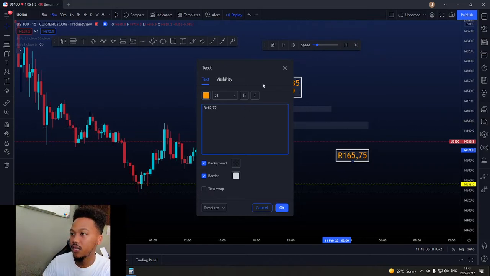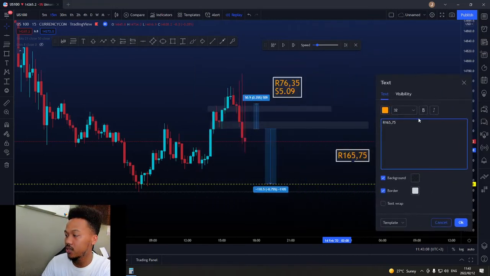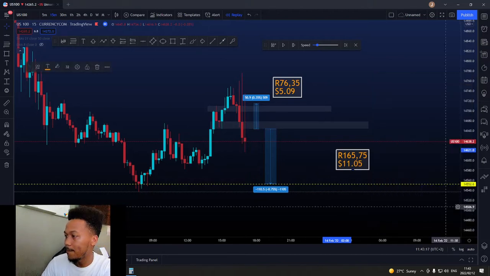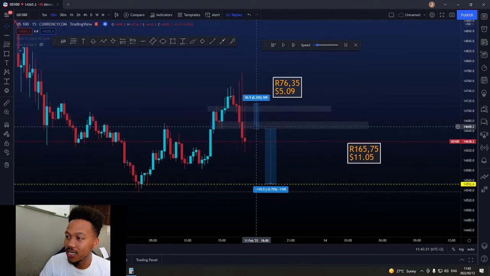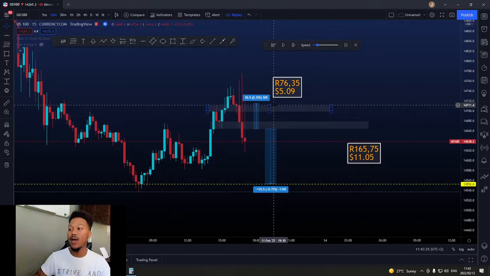So let's accommodate for the actual dollar account as well. The dollar account would be 11.05. Boom, just like that. So I'm taking my trade based off this area over here. If this trade goes up over there, boom, I'm out of the trade.